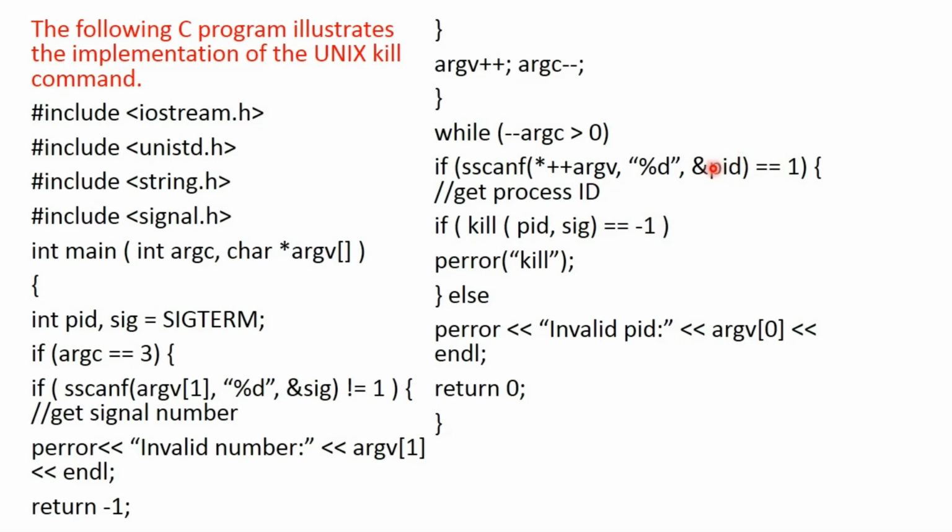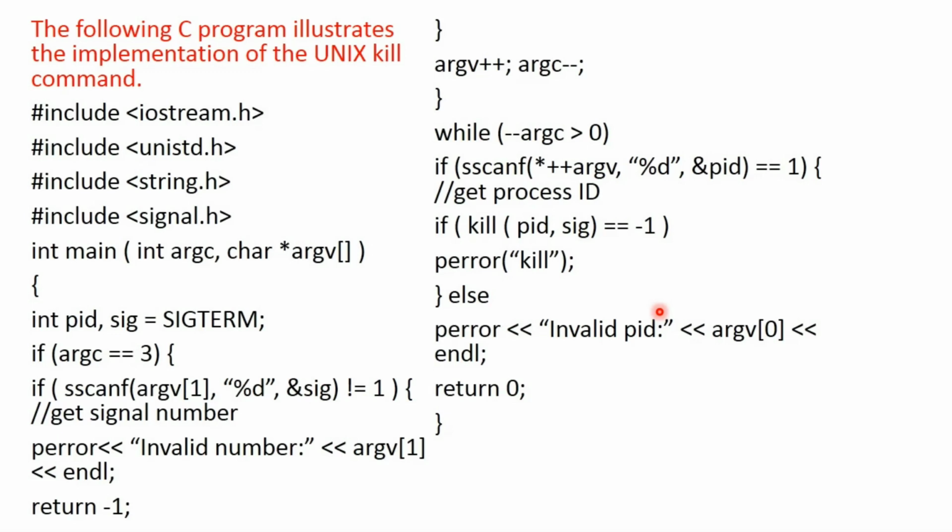After getting the argument count, the condition checks if the argument count is greater than 0. If it is, then you get the process ID with the statement scanf on the argument vector and the process ID PID. After getting the process ID given in the command line, you call the kill API, which has two arguments: the first one is PID and the second is sig. The PID gets its value from the command line arguments given as an integer, and for the signal you assign the value SIGTERM.